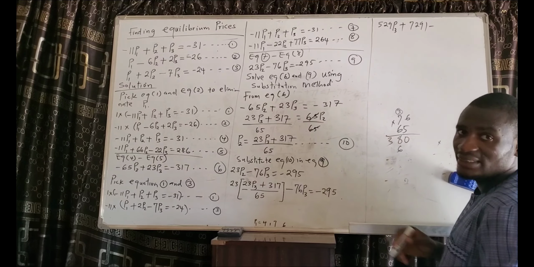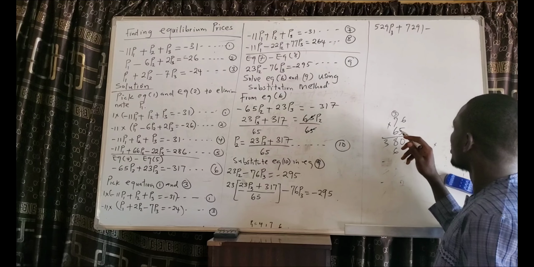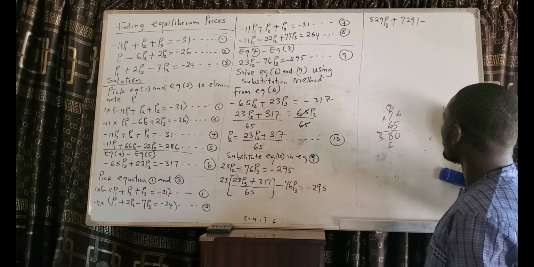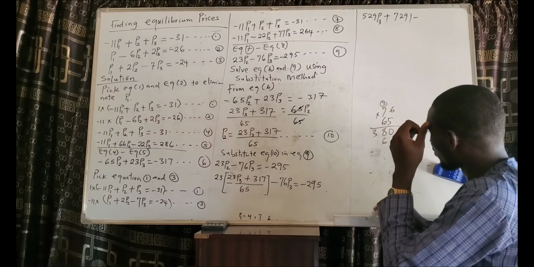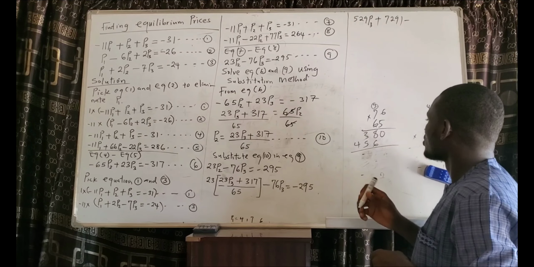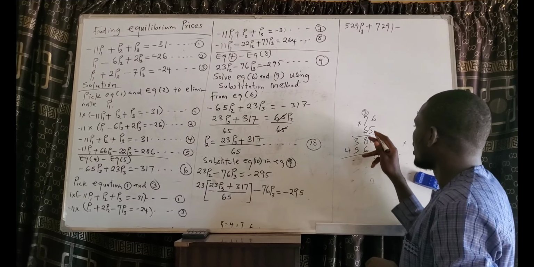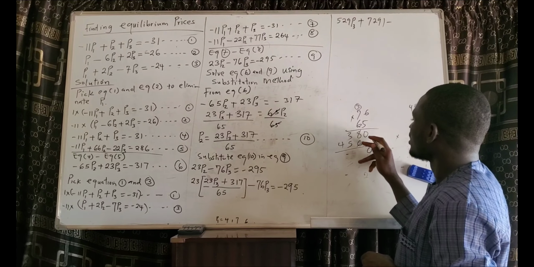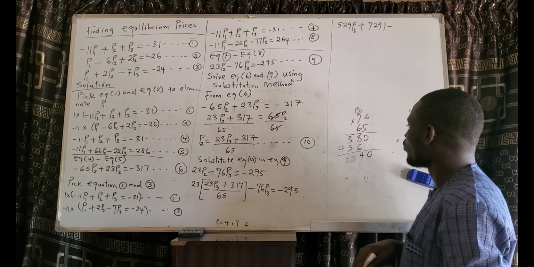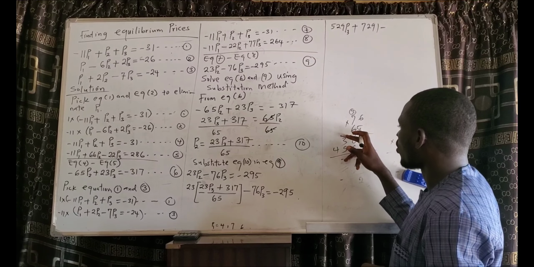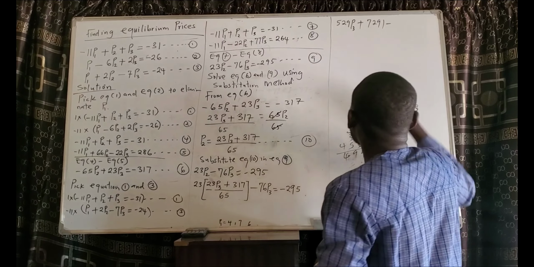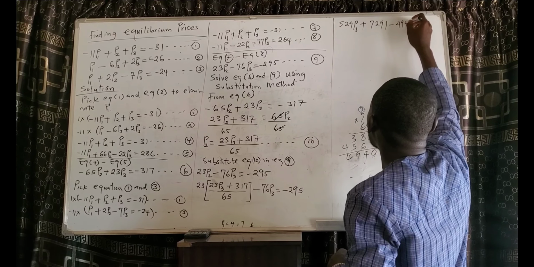You write 6, carry 3. Then 7 times 6 will give us 42. Then 42 plus 3 will give us 45. You write 5, you write 4 there. So this will give us 0. 8 plus 6, that is 14. Write 4, carry 1. Put the 1 here, making 4. 4 plus 5, that is 9. We have 4,940.